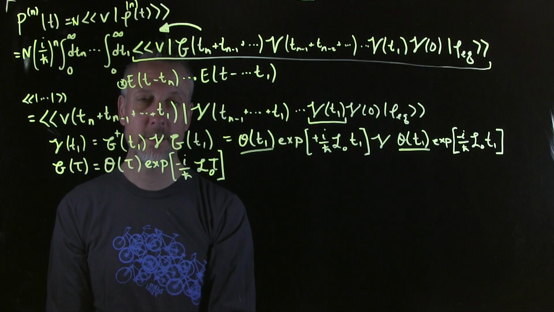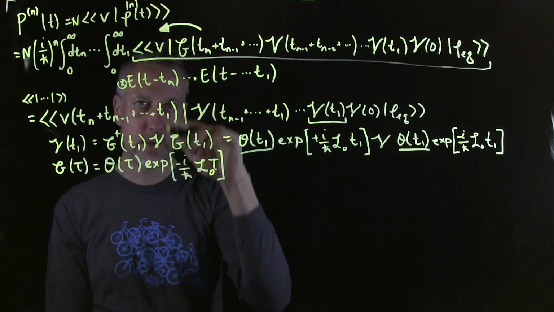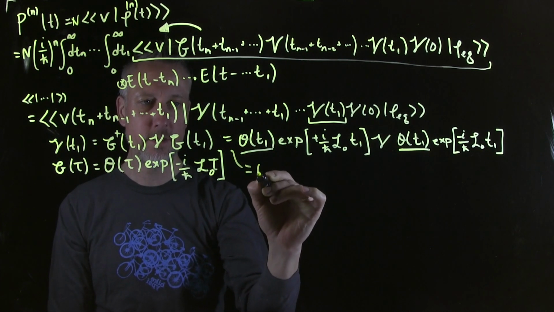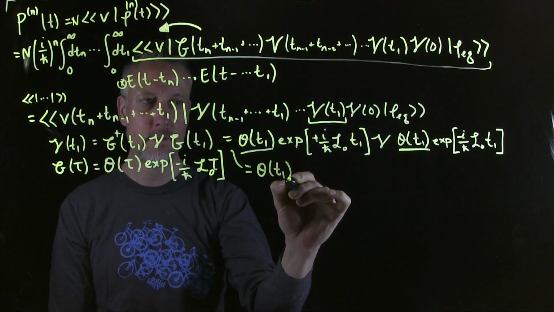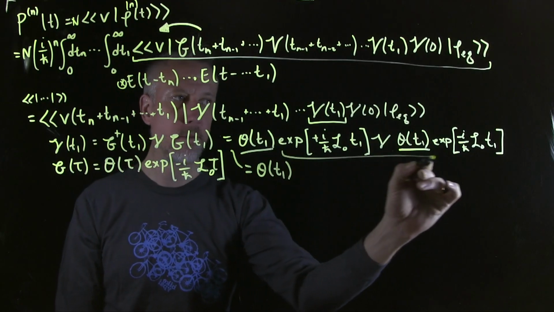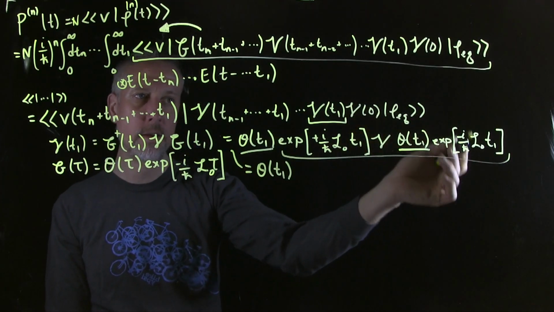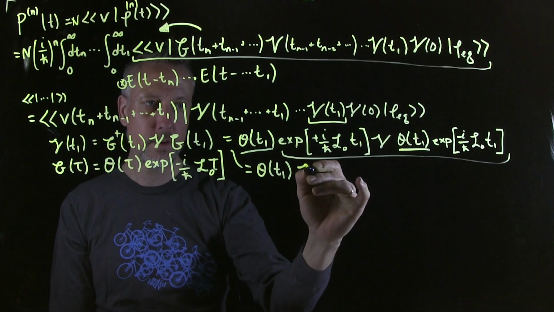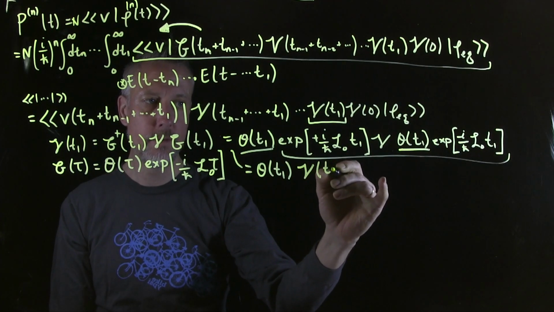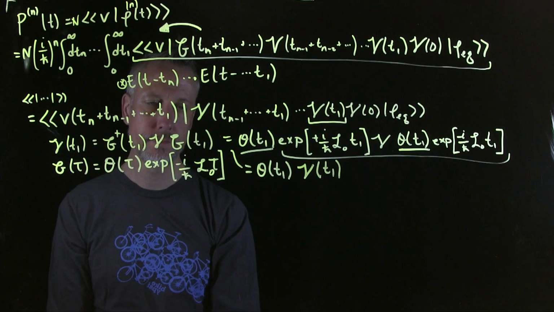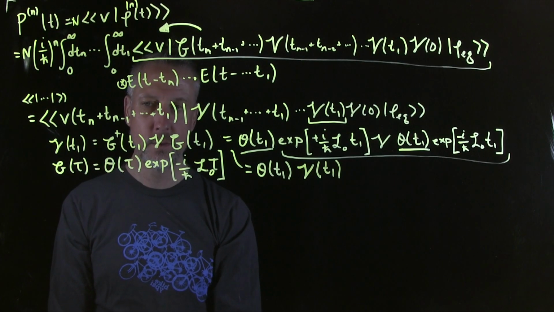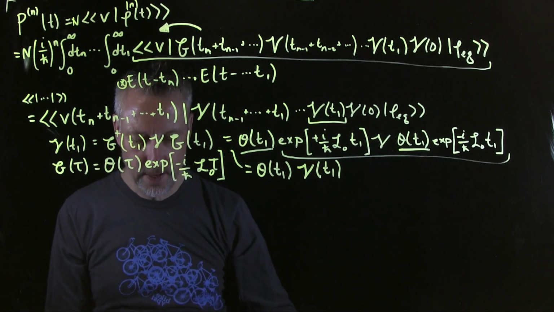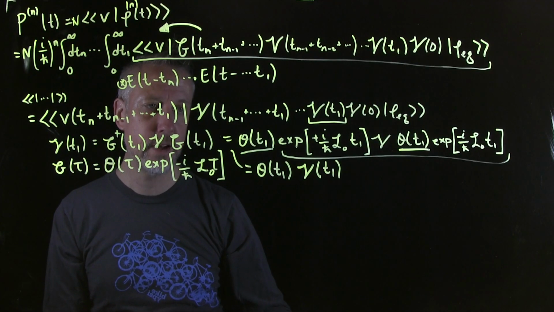If you square it, it's exactly the same, and it's just between 0 and 1. So this is actually the same thing as just theta of T1 times the rest. And what is this? Well, this is just the ordinary interaction picture version of V. So this is actually V of T1. All right, so if you do this to all the terms, this one, this one, this one, this one, this one, you can see each time you're going to end up with another theta.